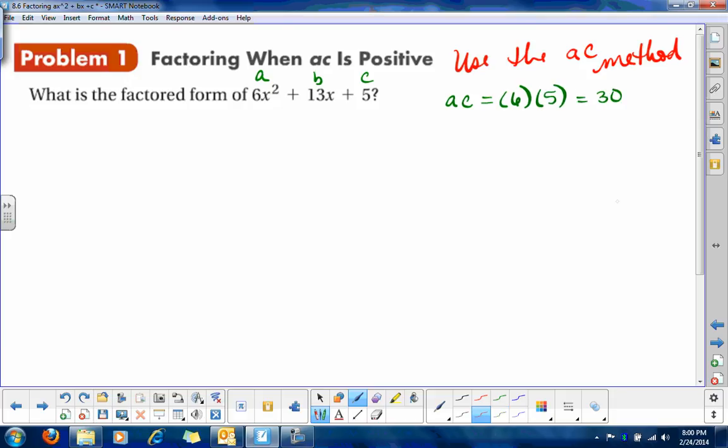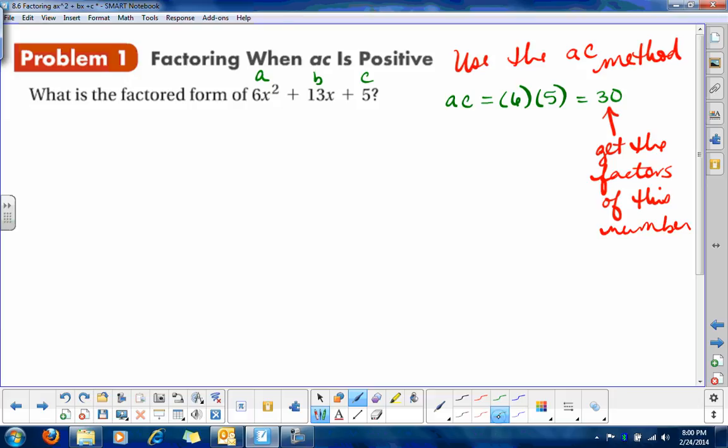Now, this is the number that we're going to get the factors of.